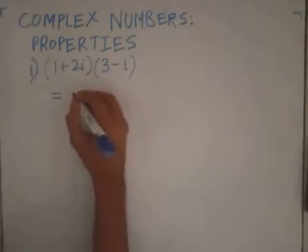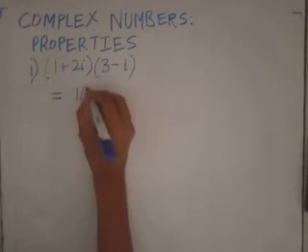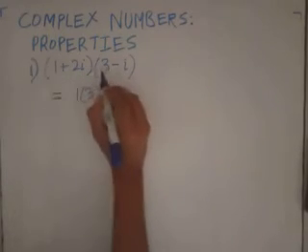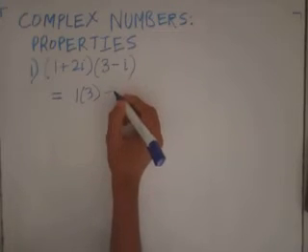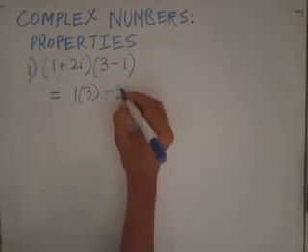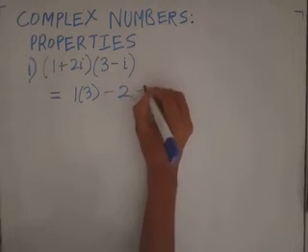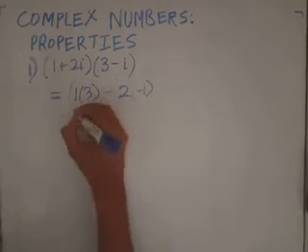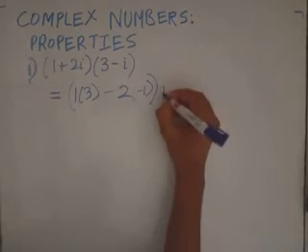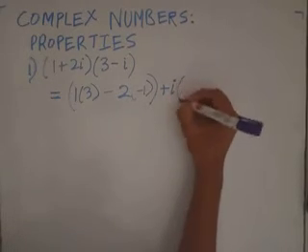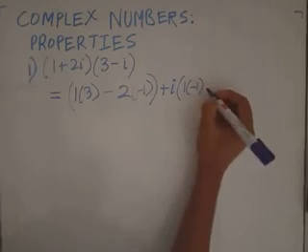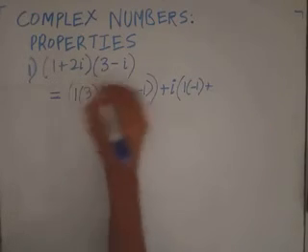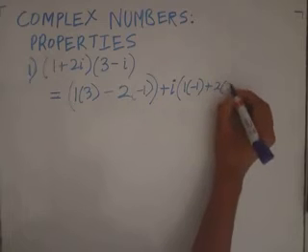So the formula just says multiply the first term by, so if this is A, then this is C. Subtract from that B times D. So B in this case is 2, D in this case is minus 1. That's the real part, plus i multiplied by the outer two, so 1 times minus 1, plus the product of the inner two, that's 2 times 3.